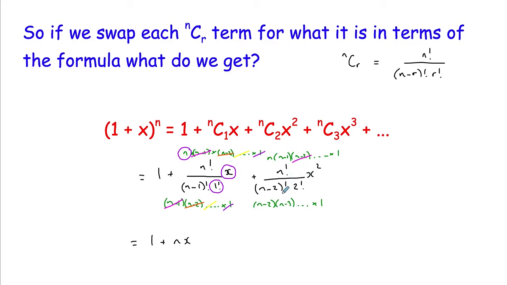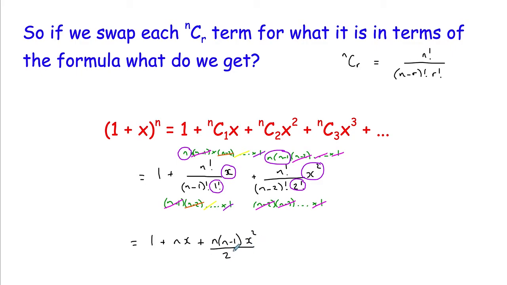The n minus 2 terms are going to cancel, n minus 3 terms are going to cancel, 1s are going to cancel, everything is going to cancel apart from this time the n and the n minus 1 from the top. We're going to have an x squared on the top, and we're going to have a 2 factorial on the bottom. So let's write that down. We're going to have n times n minus 1 times x squared over 2 factorial, which is just 2.